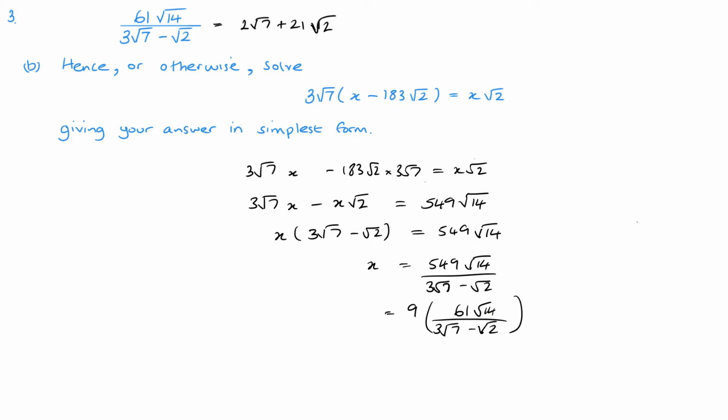Now this we can swap for this. So that becomes 9 brackets 2 root 7 plus 21 root 2. And then I can expand my brackets, so we've got 18 root 7 plus 189 root 2. And there you have it.